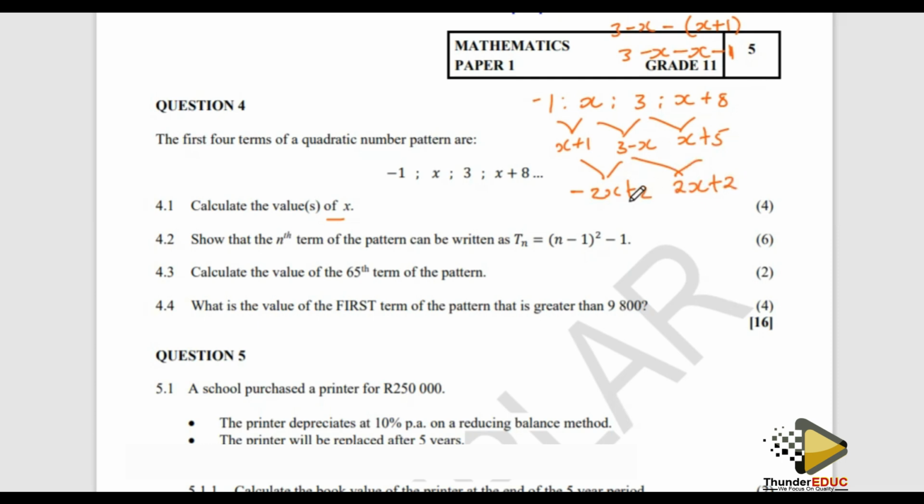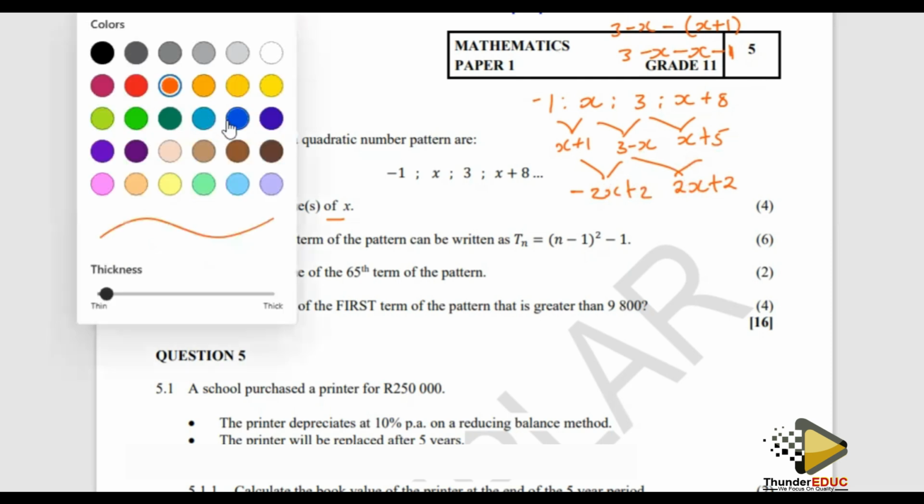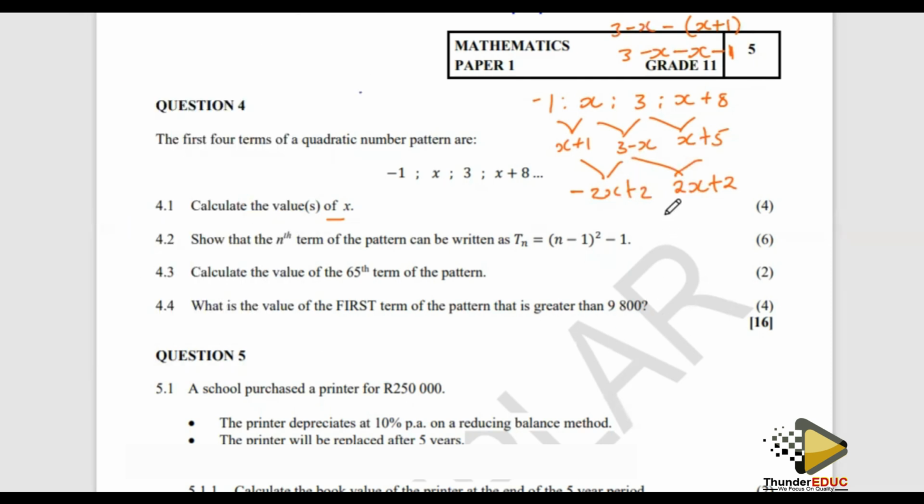So everything is in terms of x. But one thing we know about the second differences is that they have to be the same. So I'll equate this together. When I move the 2x that side, I'll end up with a negative 4x. When I move this that side, I'll end up with a 0. Divide both sides by negative 4. So x becomes a 0.